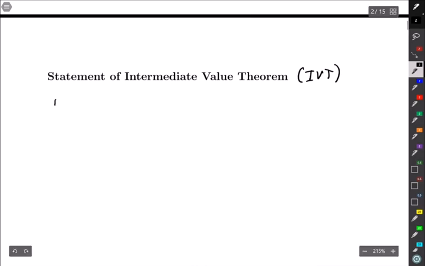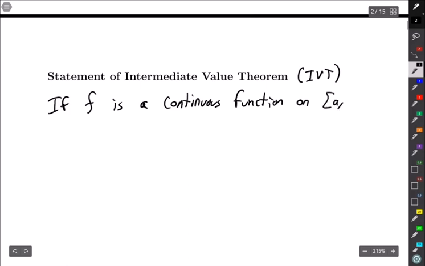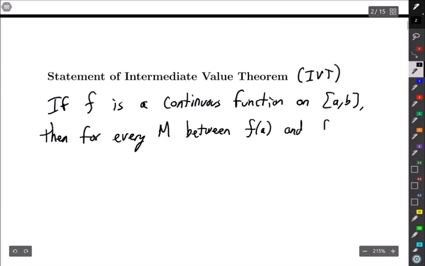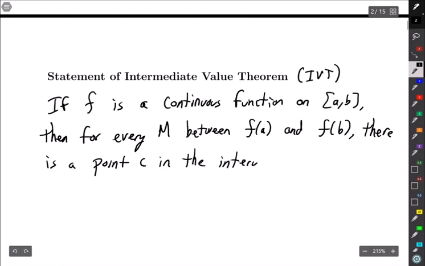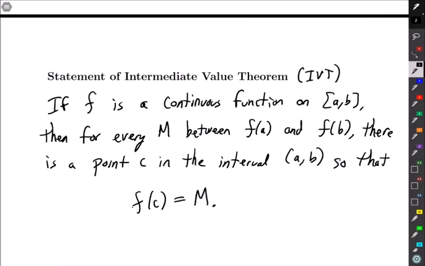The statement says this: if f is a continuous function on an interval from A to B, then for every m between f of A and f of B, there is a point C in the interval AB so that f of C equals m.